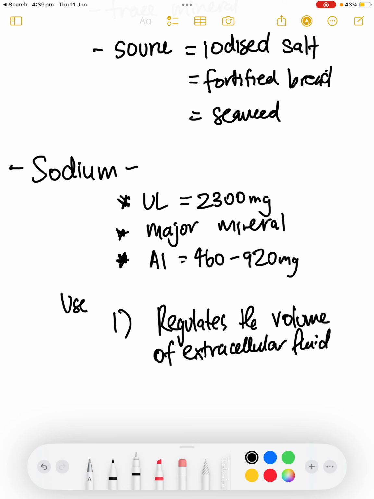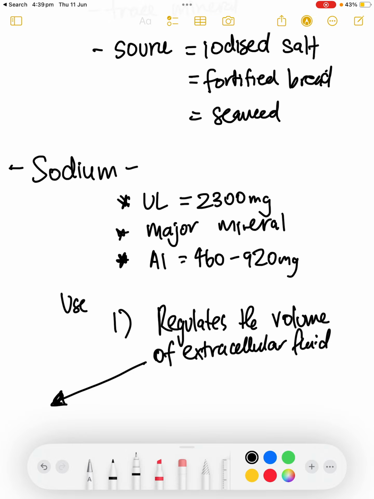It attracts and holds water by reducing the kidney's ability to remove it in urine. More salt means more water held. With more water held, it increases blood volume, and that raises blood pressure until sodium is no longer needed and excreted in urine.